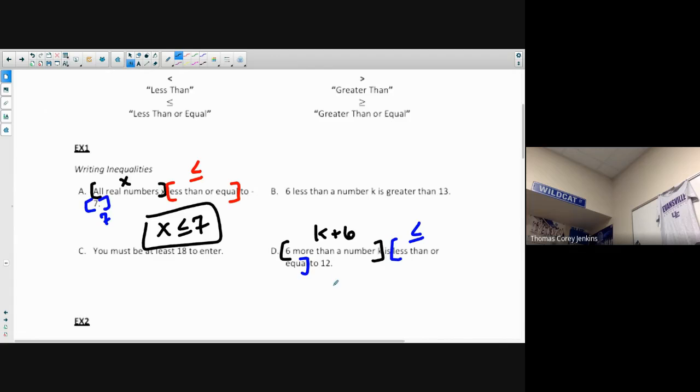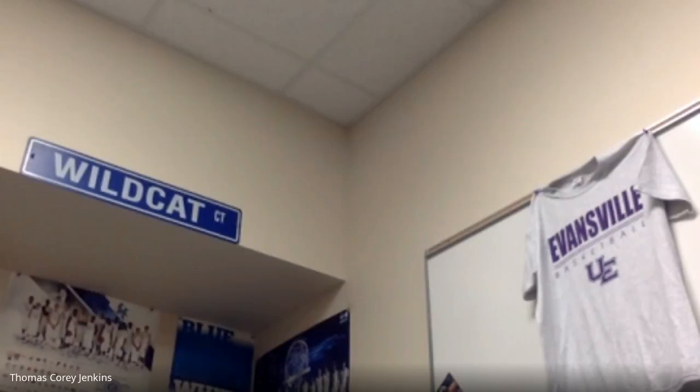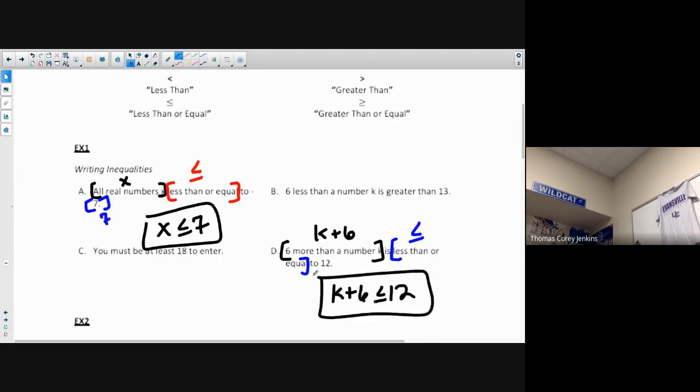So altogether, K plus 6 is less than or equal to 12. I'm going to pause the video at this point and ask you to try example 1B. And then you can check that on the filled out notes as well. Same for C.